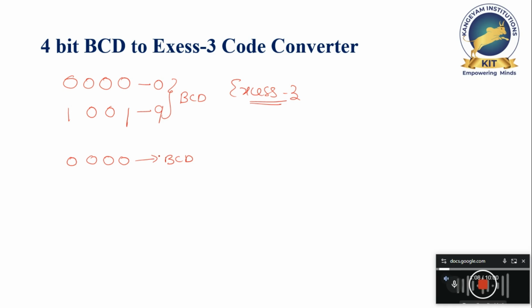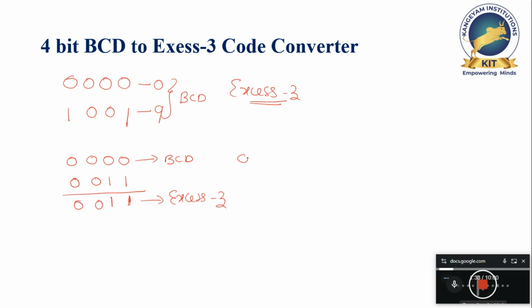Excess 3 is, as I told, plus 3. 3 is represented using binary 0 0 1 1, right? So what is the addition? 0 0 1 1. So this is my excess 3 representation.